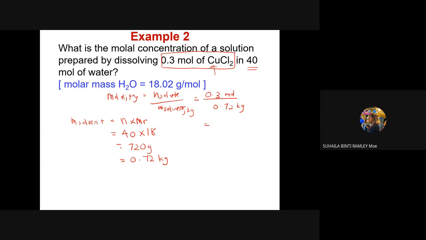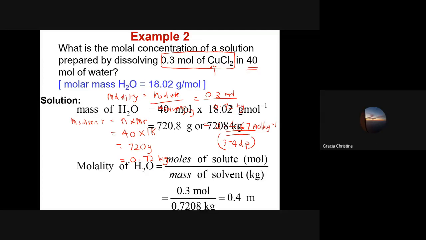Then 0.4167 mole per kg, the final answer. Actually it is best to write 3 to 4 decimal points for the final answer.